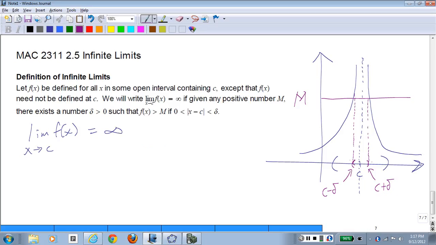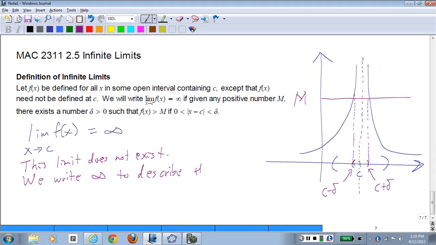Technically, this limit does not exist. We write infinity to describe the manner in which it fails to exist. So it's a little more specific than DNE.